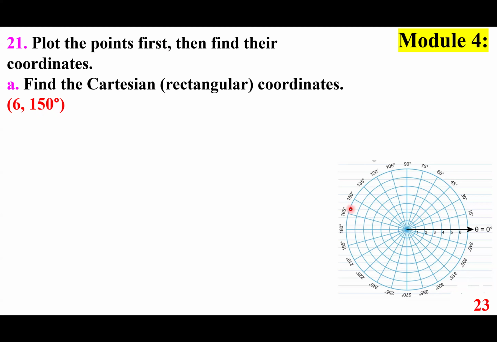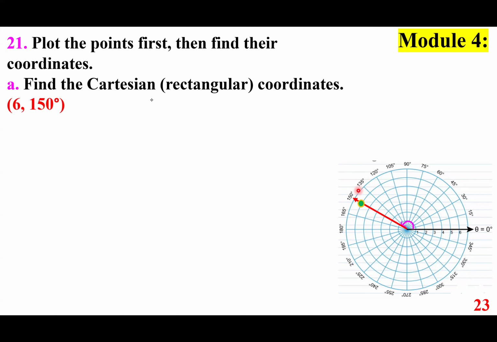So you go 150 degrees. As you can see, this is 105, 120, 135, 150, and that's the line you need. And you go how many tick marks? 6. Because we are dealing with concentric circles, we count 1, 2, 3, 4, 5, 6. The sixth one is right here. That's how you come up with the answer.